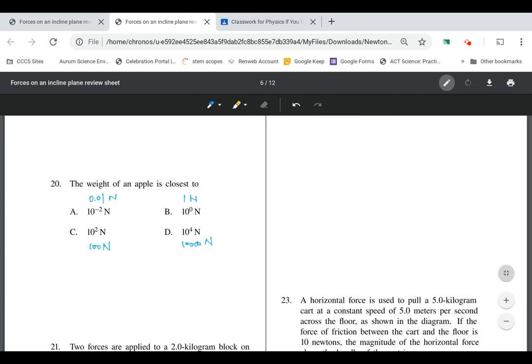If you convert that to kilograms, obviously, A is wrong, D is wrong. It's between B and C. B is about 0.1 kilogram, which is 100 grams. And C is about 10 kilograms, which is 10,000 grams. Common sense. So the answer is B.